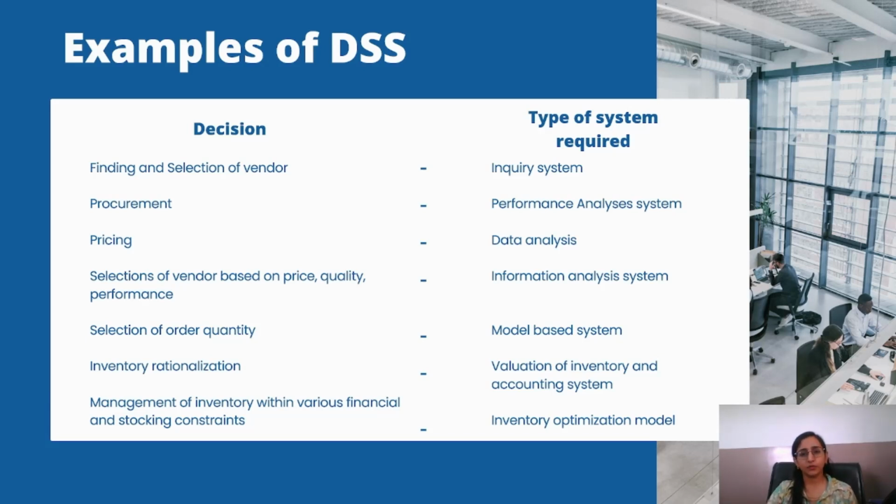To determine the optimal order quantity, a model-based system is needed. Next, inventory rationalization. This decision involves the valuation of inventory and requires an inventory and accounting system to track and manage inventory within various financial and stocking constraints to optimize inventory levels. An inventory optimization model is required.